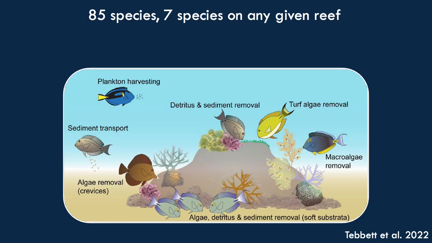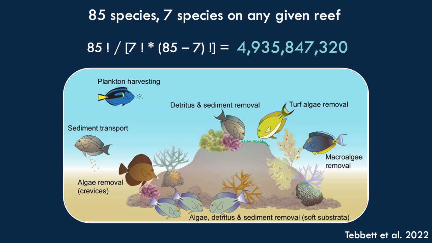Some of them will eat detritus, some of them will harvest macroalgae, and so on and so forth. And let's just say, as a thought experiment here, that on any given reef, you can pick 7 surgeonfish species from your pool of 85. Again, it's just a thought exercise, obviously not realistic, but let's just pretend it is. So you've got 85 species, and you're plopping 7 of them on any given reef.